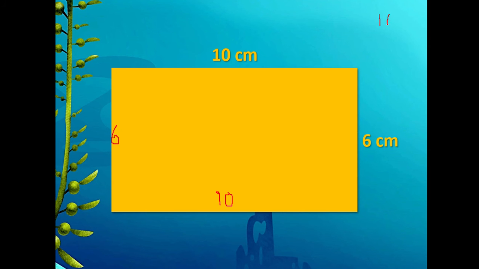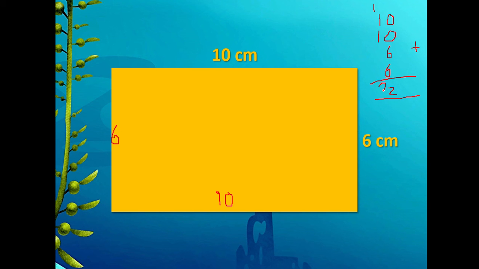You might be able to do that in your head, but I'm just going to write a note down here to make sure I get it right. 10, 10, 6 and 6, and I'm going to add those all up. 0 add 6 is 6, 0 add 6 is 12, so I put my 2 there and carry the 1, and then I've got 1, 2, and now the extra 1 there.